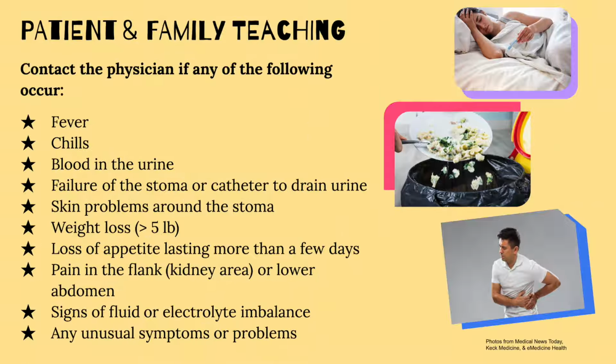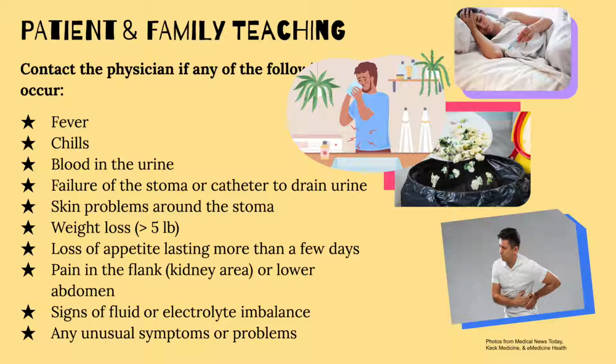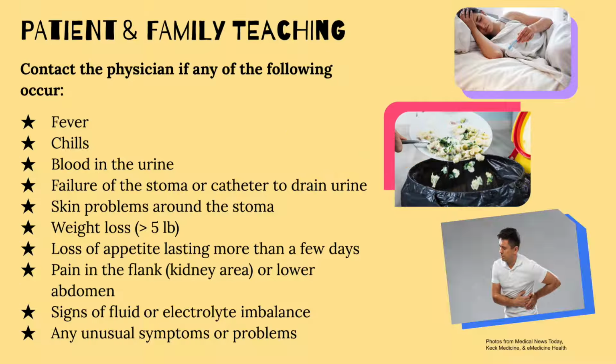When teaching a patient with the urostomy bag, it's crucial to let them know when they need to contact their physician right away. Teach them to call if any of the following occur: fever or chills, if they notice blood in the urine, if the stoma fails to drain urine, if they start to notice skin problems around the stoma, if there is unexplained weight loss of more than 5 pounds, if they begin to experience a loss of appetite lasting more than a few days, if they begin to have flank pain, either in the kidney area or lower abdomen, if they start to notice those signs of fluid and electrolyte imbalance, or if they notice any other unusual symptoms or problems.